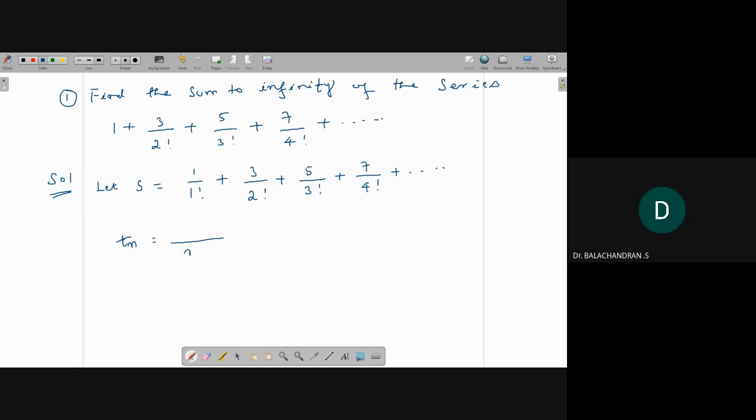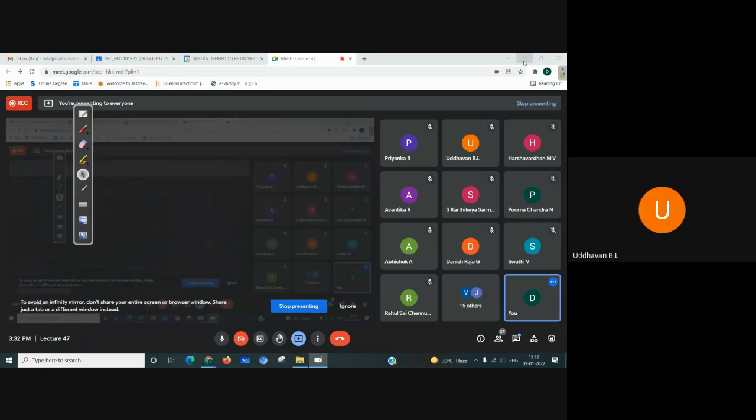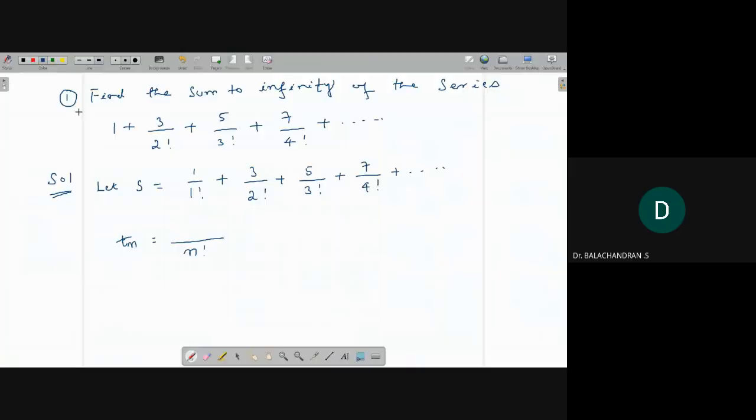Yeah, n factorial is correct. What about the numerator? 2n minus 1, sir. Yes, correct. 2n minus 1. Very good.